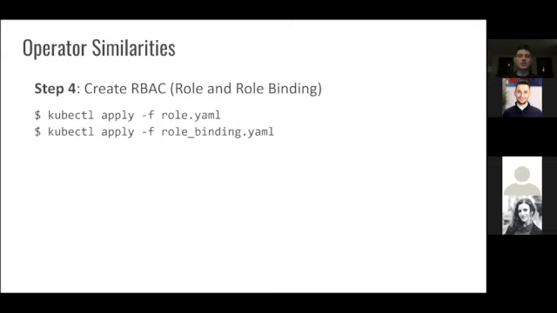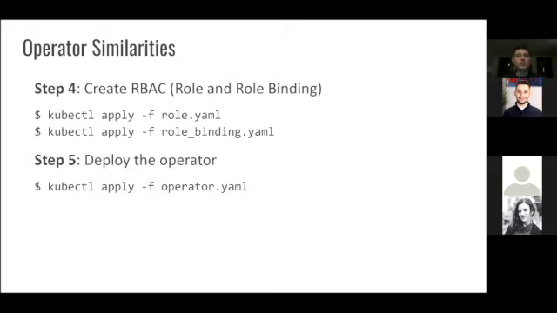And then you need to define the requirements, the permissions that are necessary for your operator to do the job. For example, it needs to use the Kubernetes API to create a Hazelcast pod, so it needs to have this permission. Then you will always need to deploy your operator into the Kubernetes cluster.